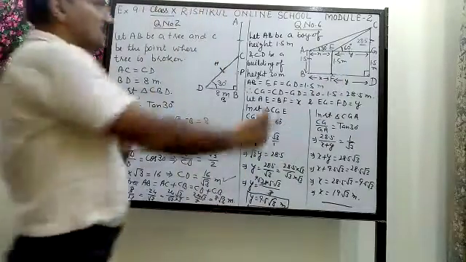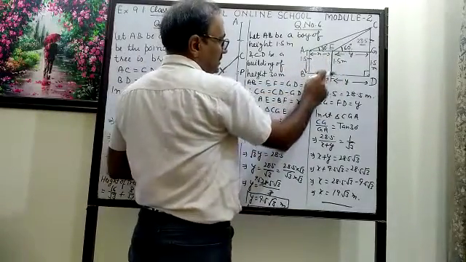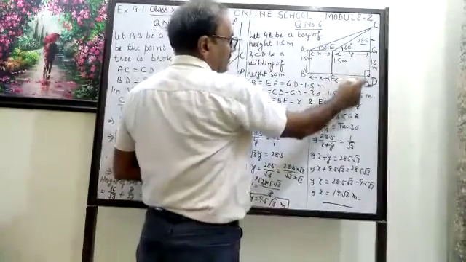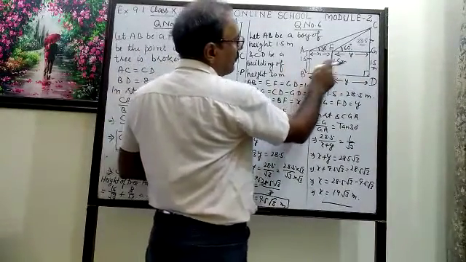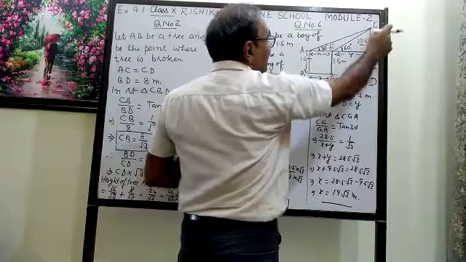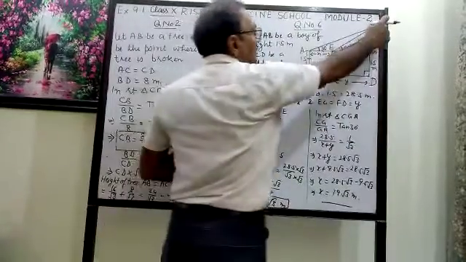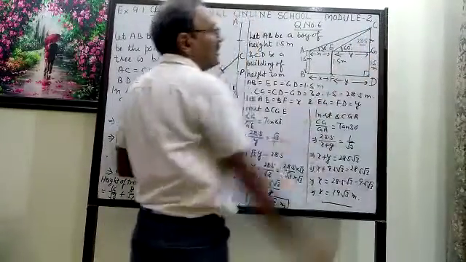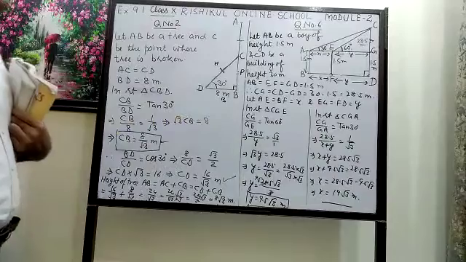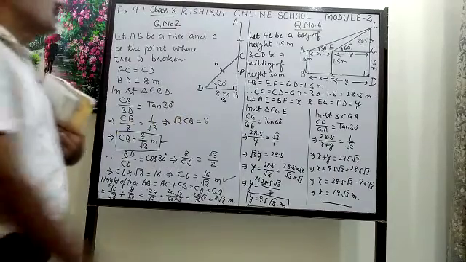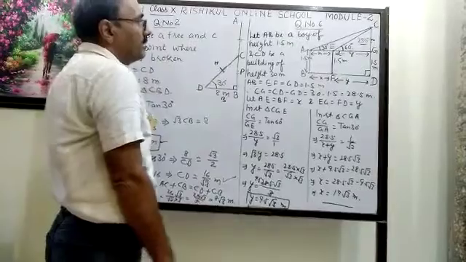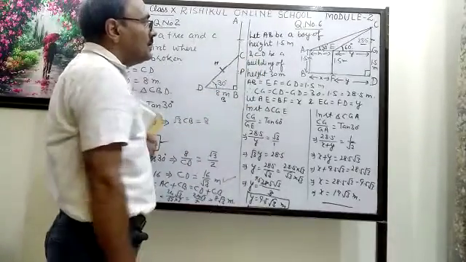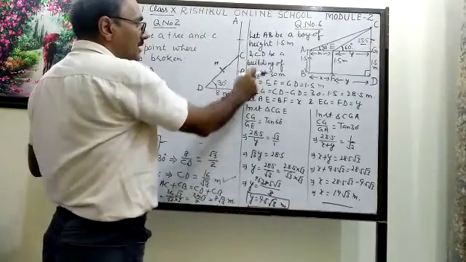You will find the distance AE. So suppose this distance is x, same x, this is y, this is also y, and this is 1.5, this is also 1.5, and CG equals CD minus GD, 30 minus 1.5, 28.5. So see again, let AB be a boy of height 1.5 meters and CD be a building of height 30 meters.